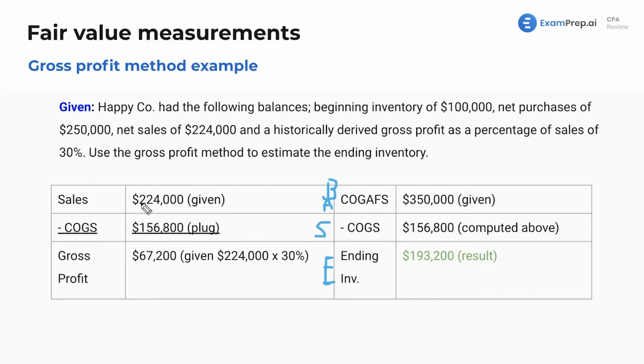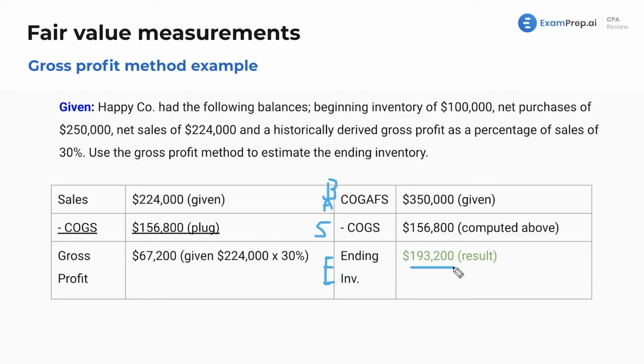So sales, revenues minus expenses give you profit. We used the percentage of sales to get our profit. We plugged for the cost of goods sold. Cost of goods sold is the subtraction from our inventory balance. We plug it into our S, getting our end result of 193,200. That is our ending inventory balance.